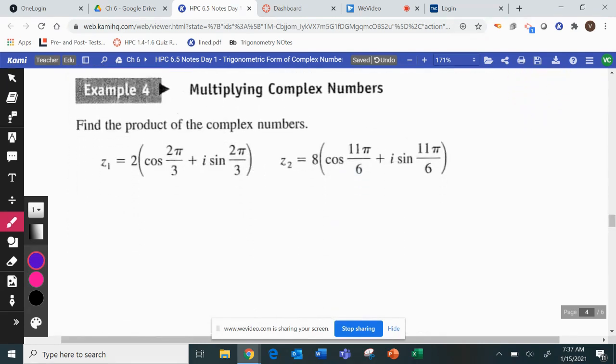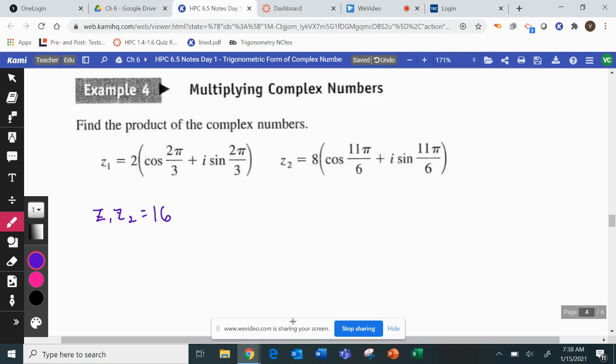So, multiplying complex numbers. Here are two complex numbers. Let's multiply them together and see what we get. We are going to multiply the moduli, the 2 and the 8, 16. And then we are going to add the, sorry, I have to flip back for my formula.